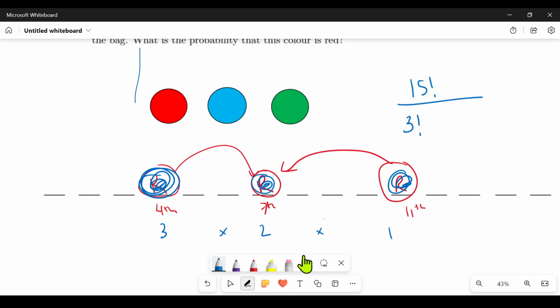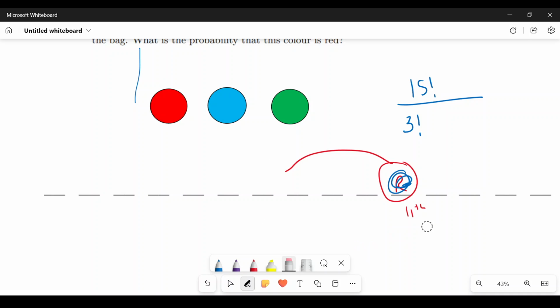And then there's 1 choice. But in fact, I don't want to count those 6 choices. I only want to count one of them because it's the exact same thing. There's a red marble 4th, a red marble 7th, a red marble 11th. So I need to remove all the times that I let the red marbles mix around with each other. So that's why I'm dividing that 15 factorial by 3 factorial.